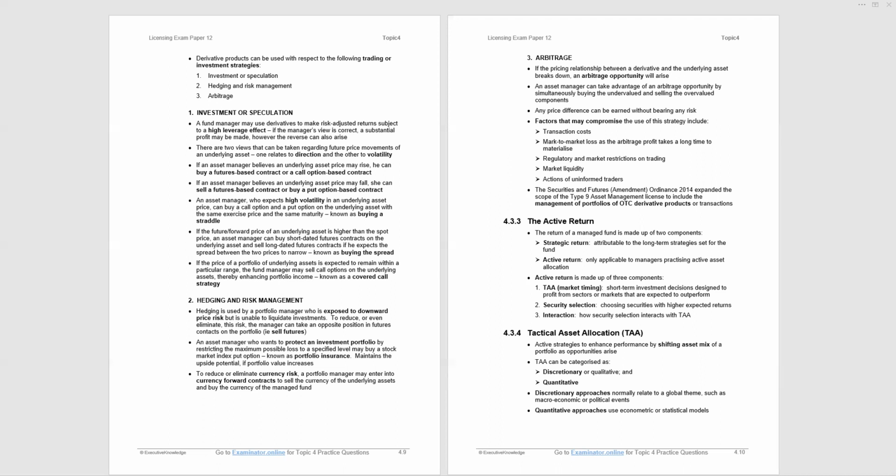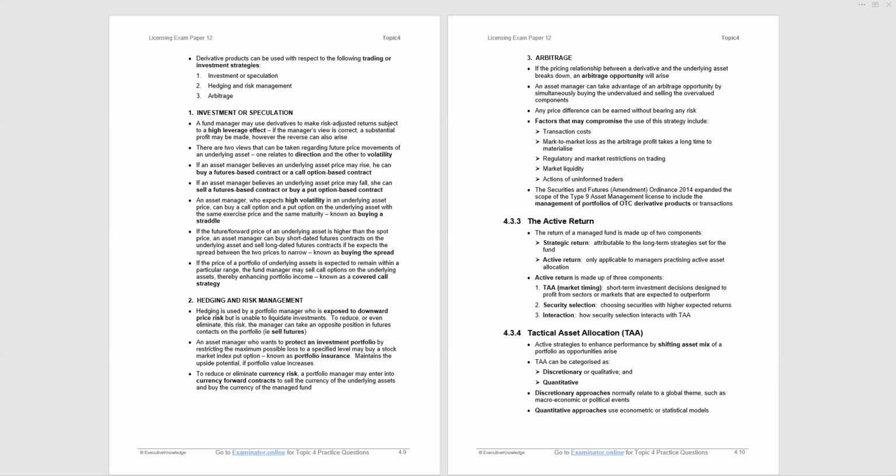Mark-to-market loss, as the arbitrage profit takes a long time to materialize, needs to be considered. Regulatory and market restrictions on trading. Market liquidity can be a problem. Actions of uninformed traders may take the potential profit away from you.